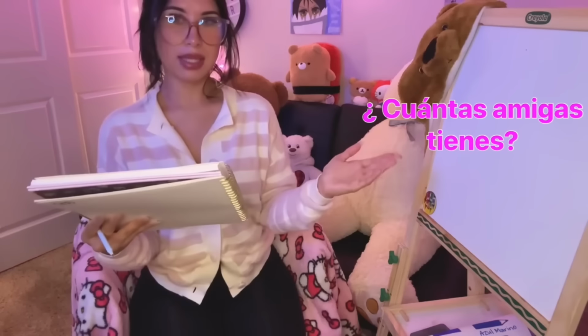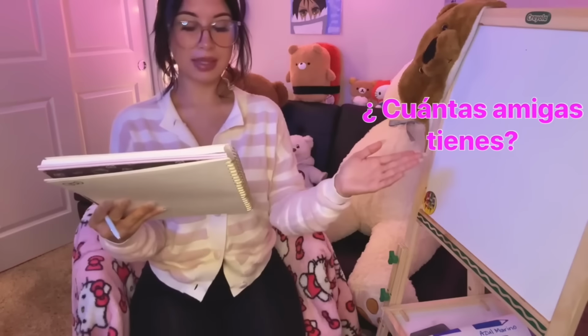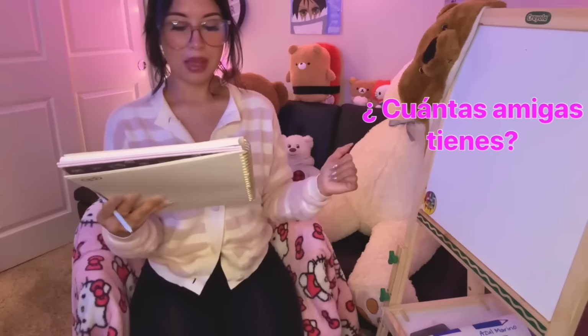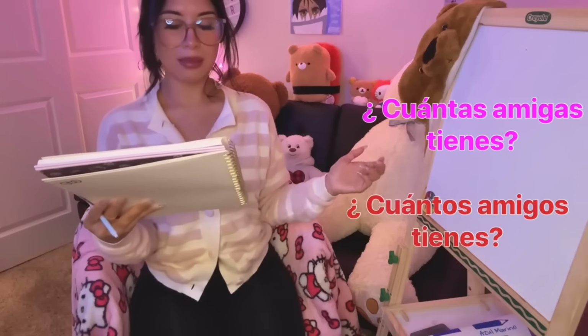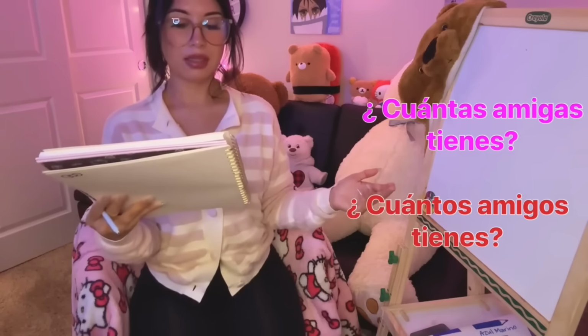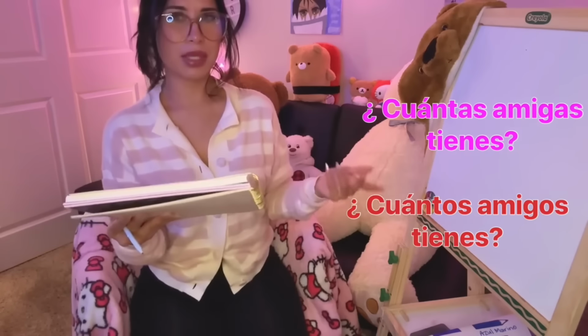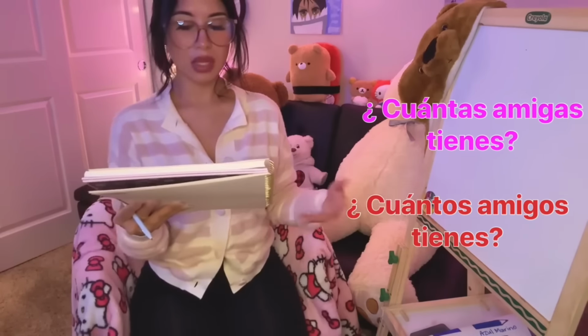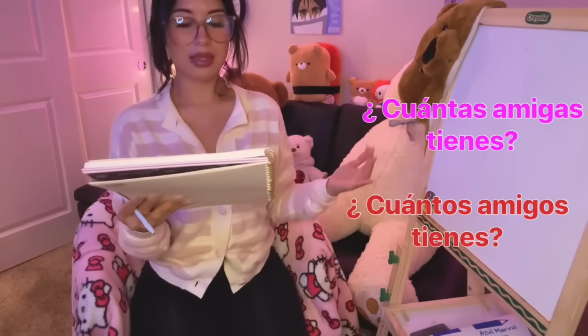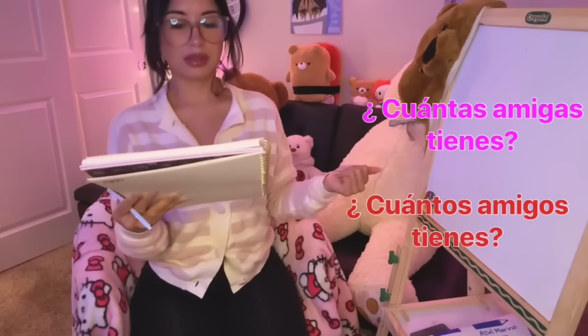¿Cuántas amigas tienes? Feminine, amigas, cuántas, right? And then we have ¿cuántos amigos tienes? As a question. I know it sounds like I'm making a statement, but ¿cuántos amigos tienes? Because we're asking that question, and it's masculine because it's amigos.